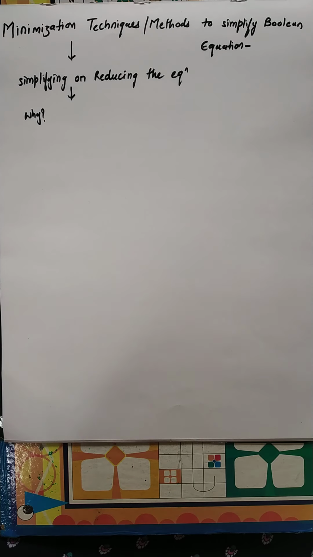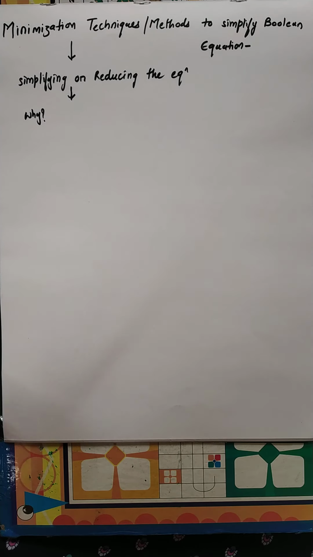If we don't have a simplified equation, then when we want to draw the circuit, the number of devices required for drawing that circuit will be more, since the equation is not a reduced equation.